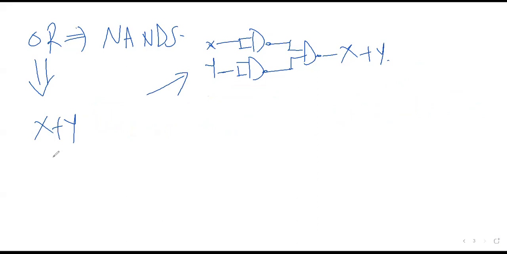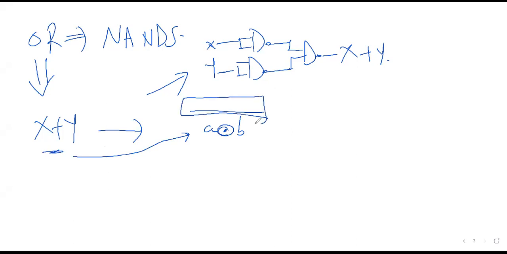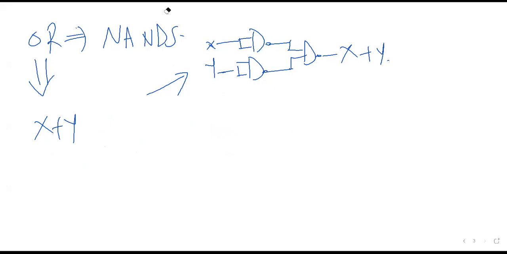How do I simplify the expression x plus y so that we have something which represents AND and NOT? We can use De Morgan. If I put two bars here, x plus y is the same as x plus y bar bar. If I simplify this, I get x bar y bar, bar.